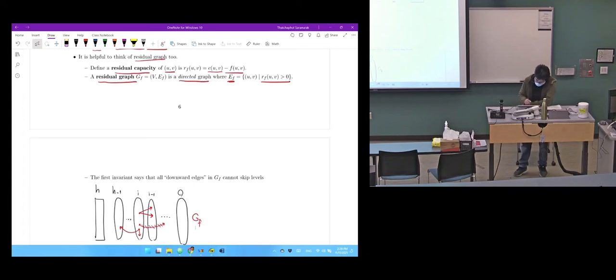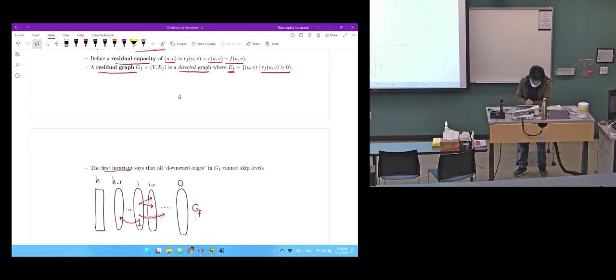You can see that the invariant saying that any edge that skips a level needs to be saturated just means, in the residual graph, that downward edges in the residual graph cannot skip levels. Any edge that goes in this direction only goes one level at a time.